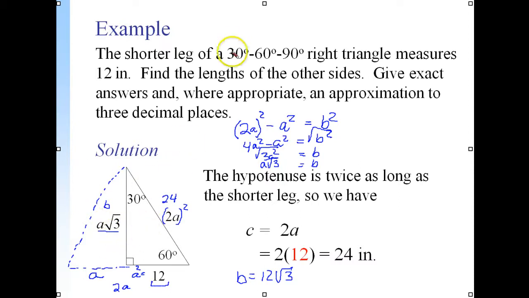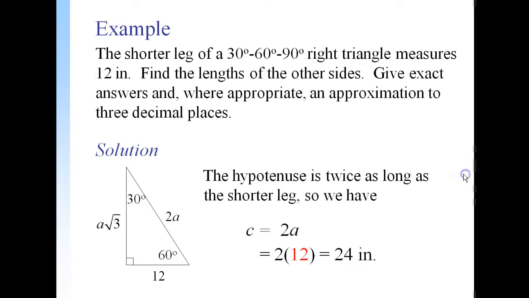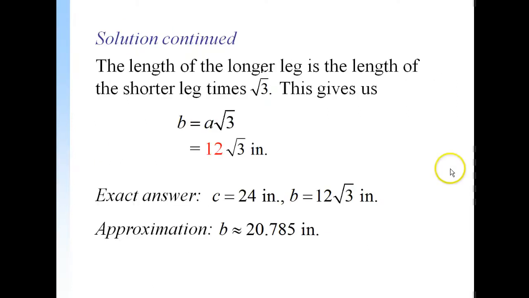This is that 30, 60, 90 right triangle. So, again, B equals A, the square root of 3, and we said A is 12. So, the hypotenuse is 24, the short leg is 12, and the longer leg is 12, the square root of 3, or approximately, to 3 decimal places, this.